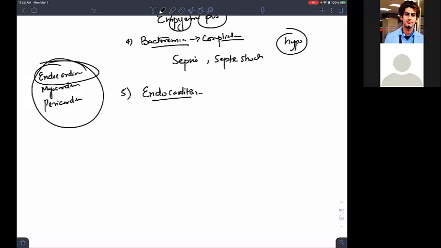Staph aureus. Remember, the most common cause of native valve endocarditis is Staph aureus. I don't know why I love cardiology.